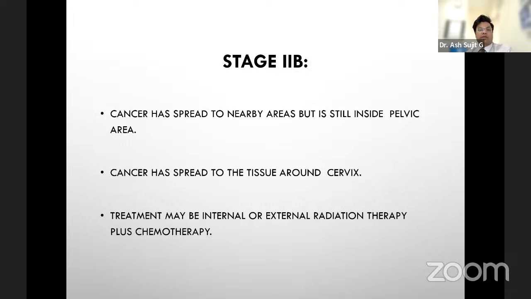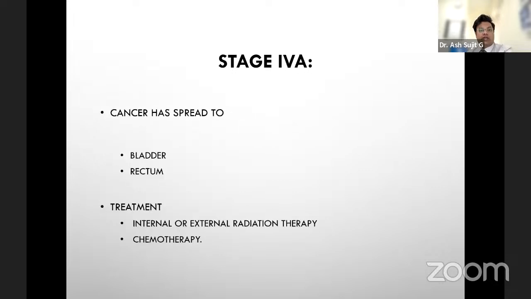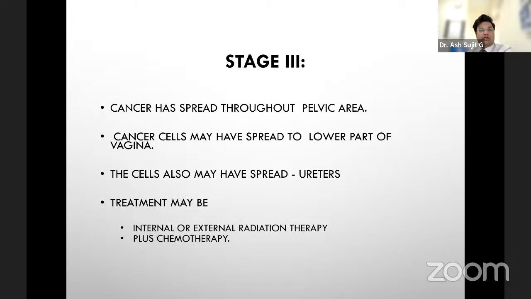So, therefore, the treatment is majorly radiation therapy and not hysterectomy. So you understand that when it's already stage 2B, the disease has progressed so much that even a hysterectomy won't be helpful in such scenarios. Therefore, from stage 2B onwards, you have to always think about radiation therapy and chemotherapy if required.